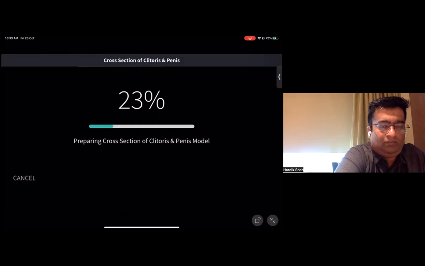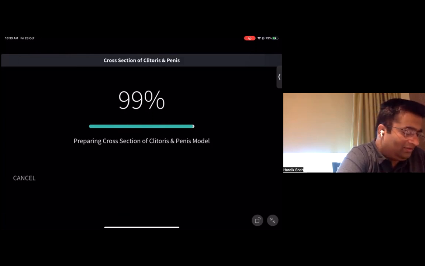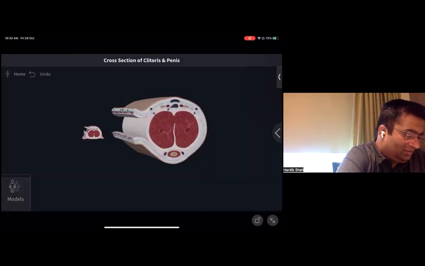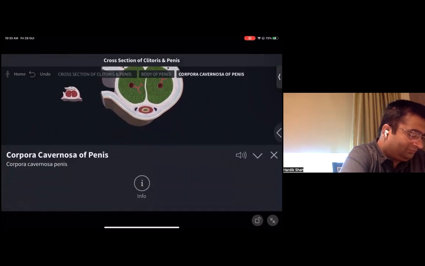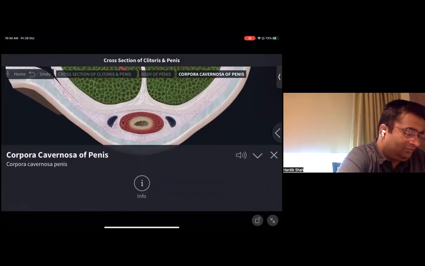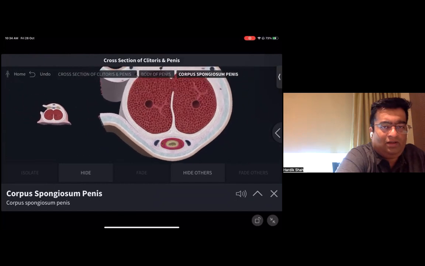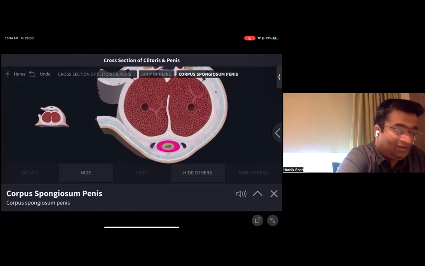So due to the presence of the vascular spaces, it helps in the erection of the penis, basically. So what you see here is corpora cavernosa, and what you see here in the center is corpus spongiosum. So a pair of corpora cavernosa and a single corpus spongiosum.